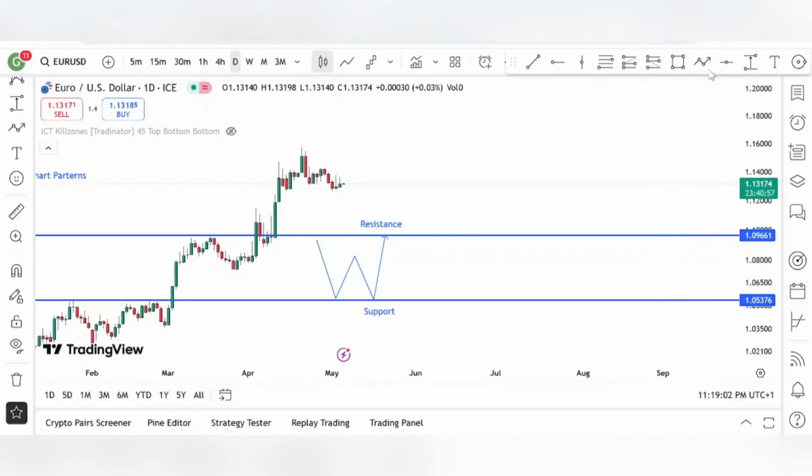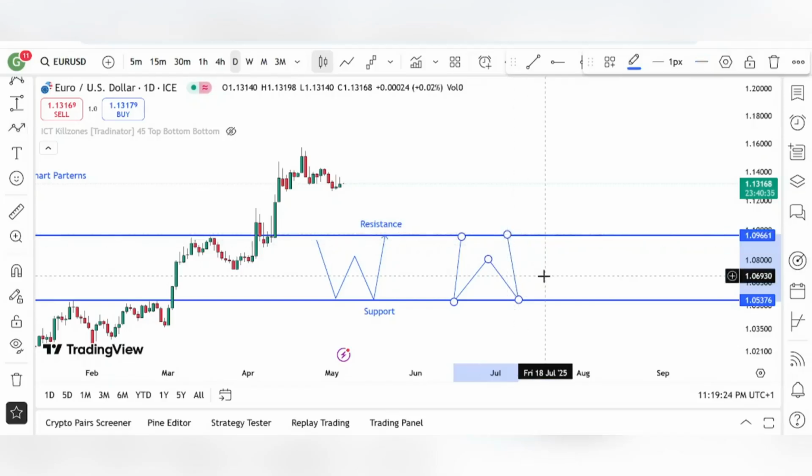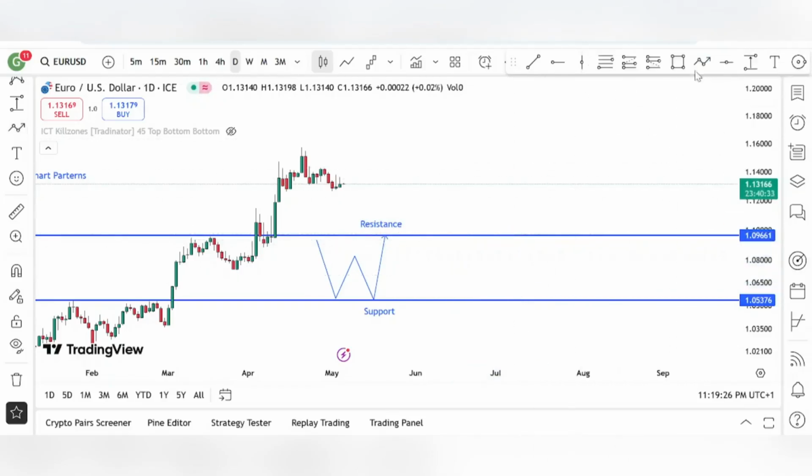On the flip side, we get something like this, right? On the flip side, we get, I don't even know how to draw this now. Okay guys, sorry, a second.